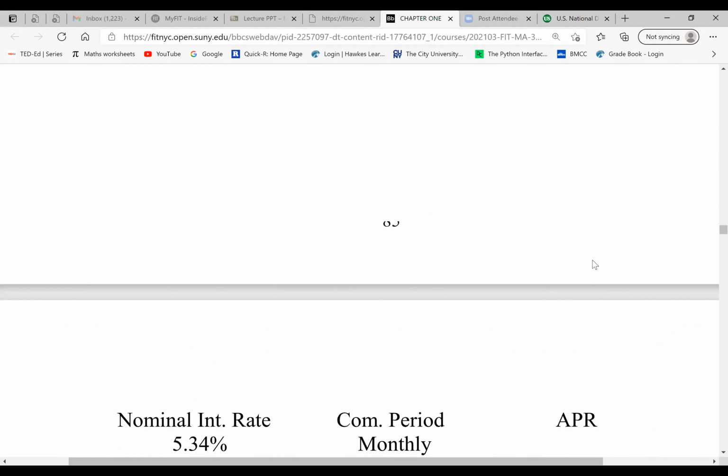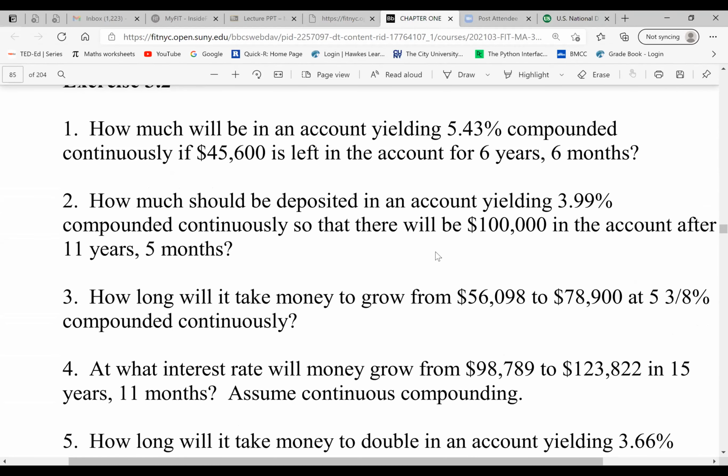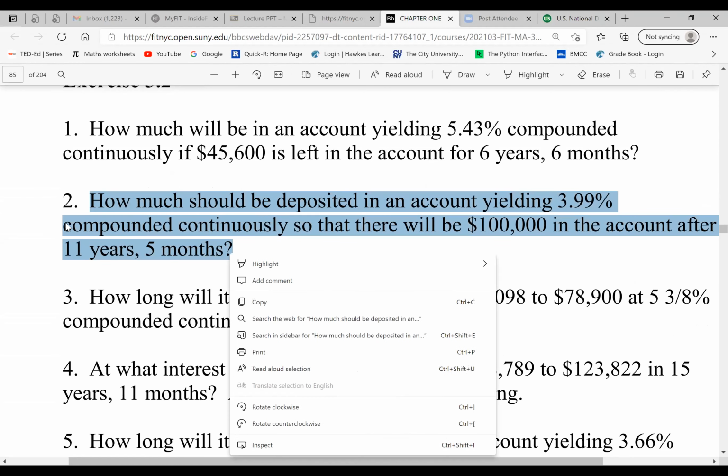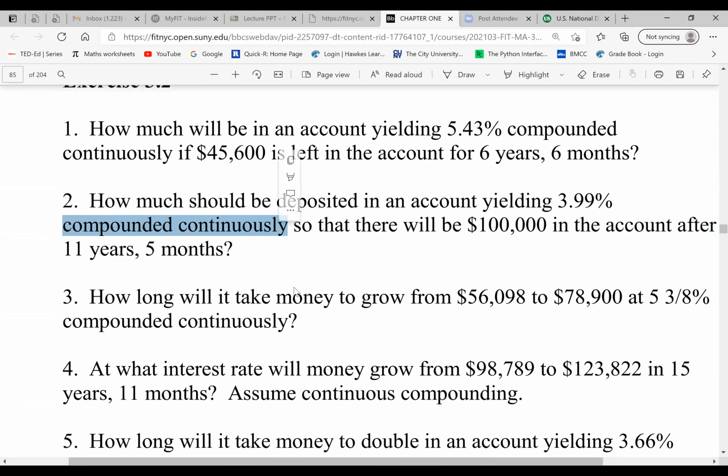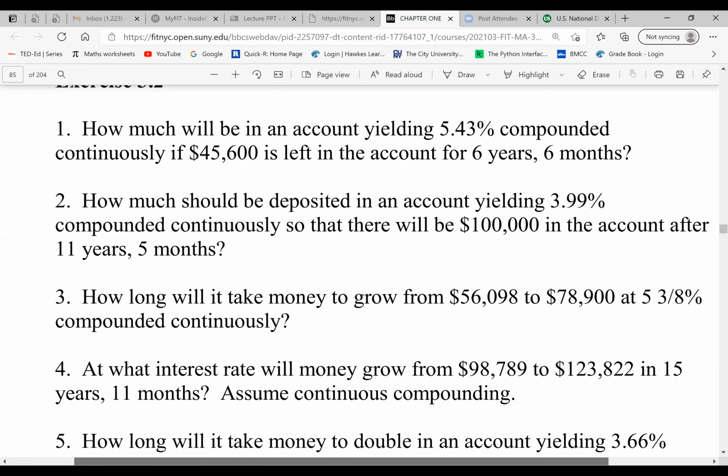Go there. Okay. All right. Now just look at question 2 and then question 4. 2 and 4. Continuous compounding, right? And question 4, yeah, continuous compounding, but you're looking for interest rate. Okay. So I'll give you a couple minutes, work on those two.